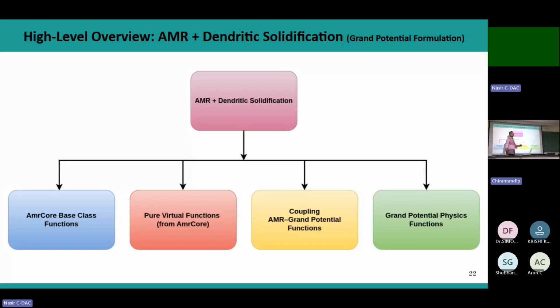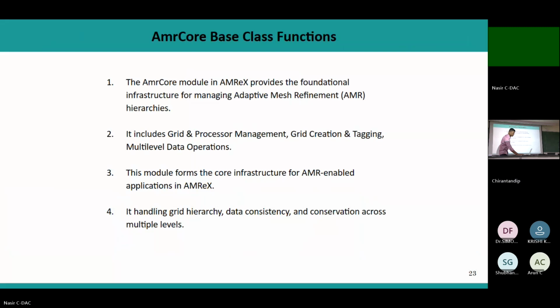Then we need to write some of our own functions to couple this AMR code to our physics functions. The fourth one is required to connect these two with our physics problem. Now I can explain which functions are required for the class. Those functions are required to generate the data hierarchy.